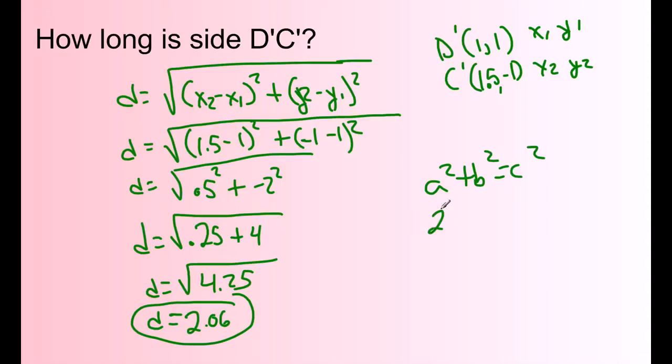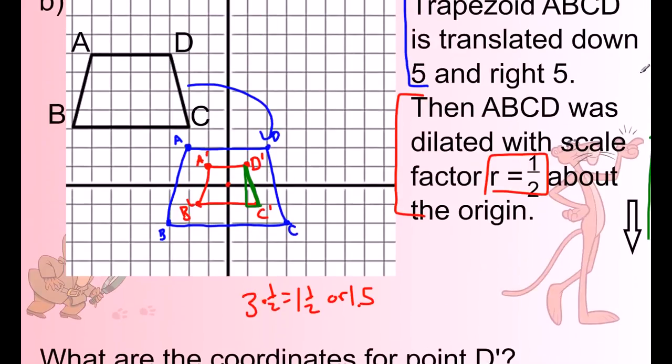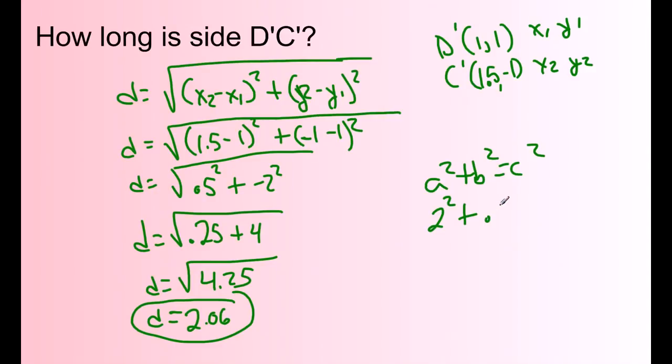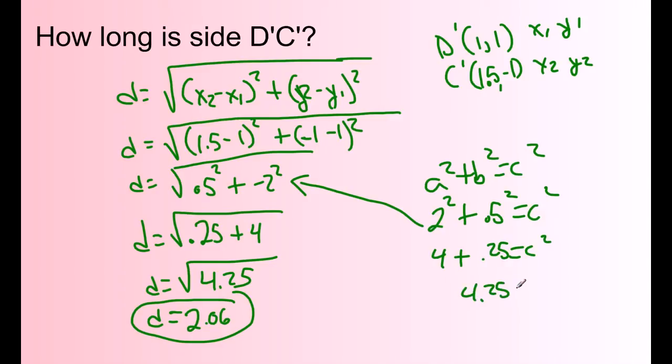One of the sides was length 2. This side is length 0.5. If you remember, this goes down to 1 and over 1.5, so this is 0.5, and we need to find the hypotenuse. 2 squared plus 0.5 squared equals c squared. And this basically just takes us down to that step. You get 4 plus 0.25, so 4.25 equals c squared. You square root both sides, c equals 2.06.